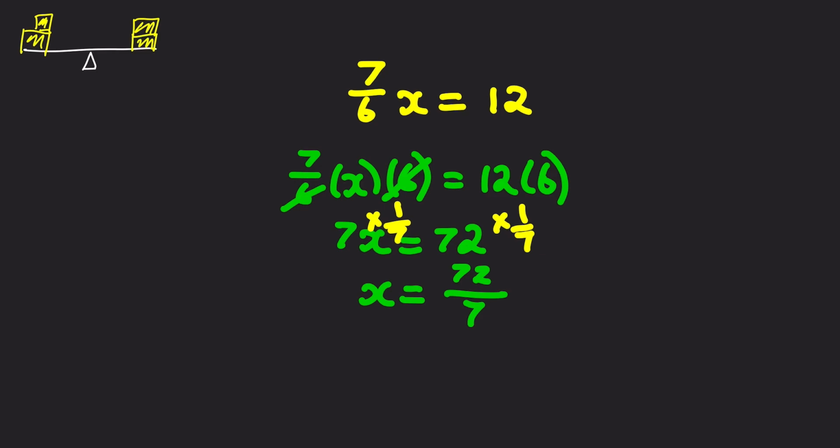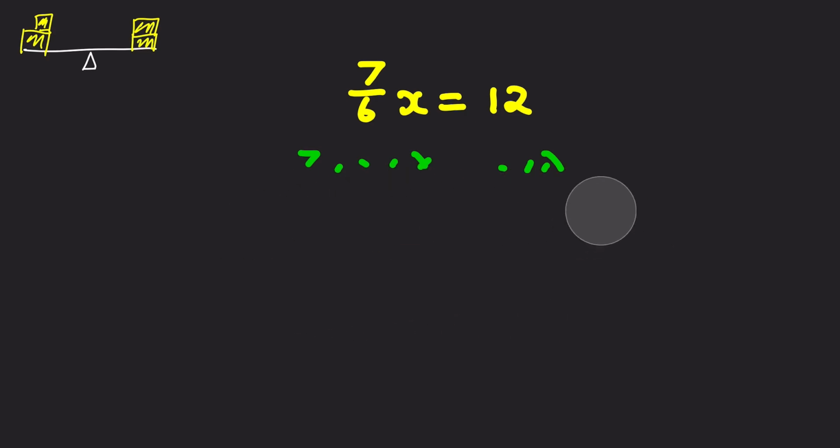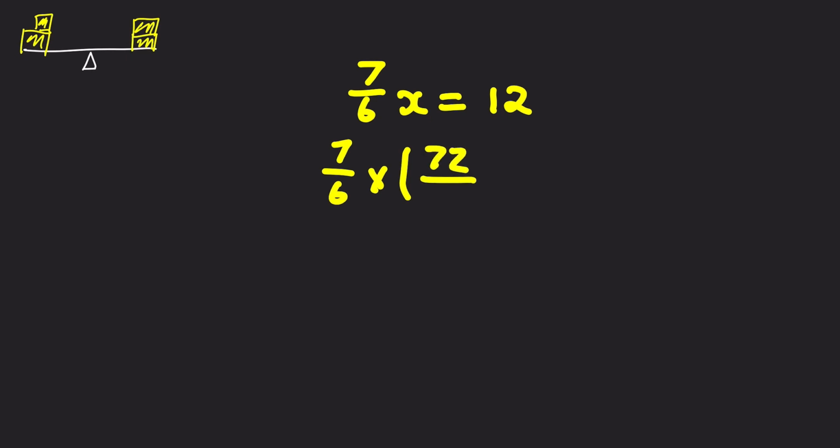And now you might be saying, well, let's test if that's true. Well, let's see. So we said that x was equal to 72 over 7. So 7 over 6 times, now what is our variable? Our variable was x, and we said x was equal to 72 over 7. And what is this now equal to?